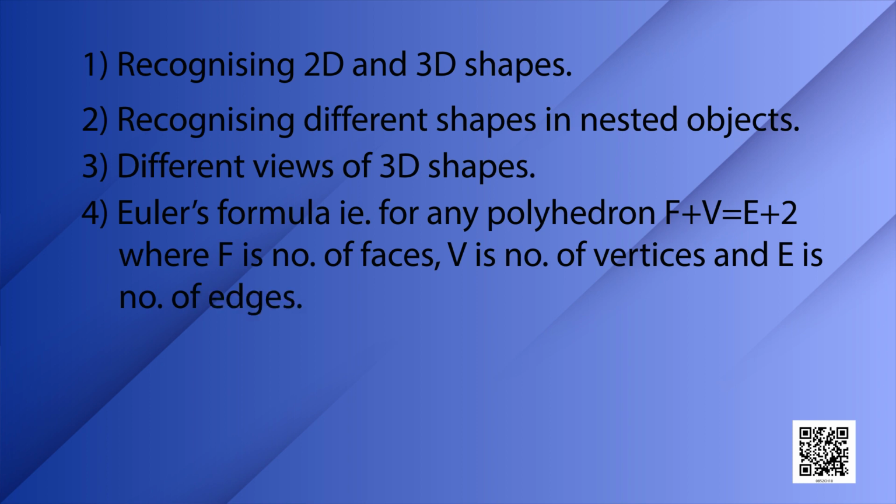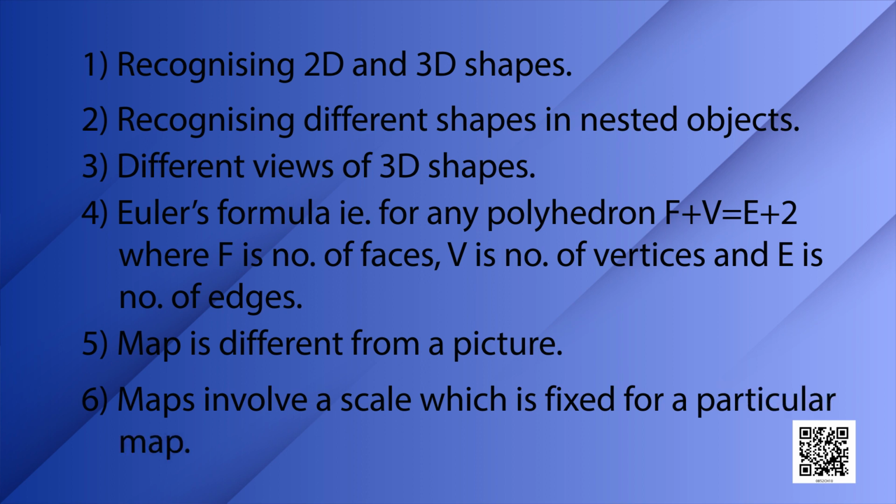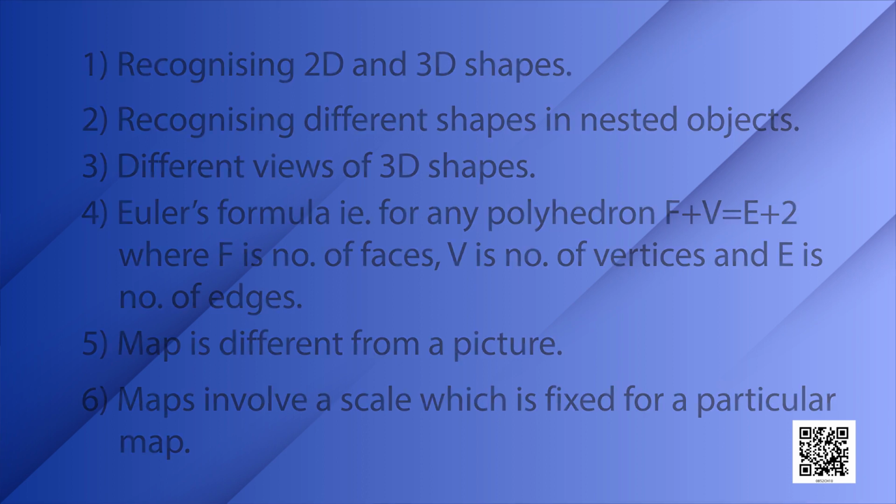We have also done that a map is different from a picture. Maps involve a scale which is fixed for a particular map. Children, let us recapitulate what we have studied with the help of a few multiple choice questions.